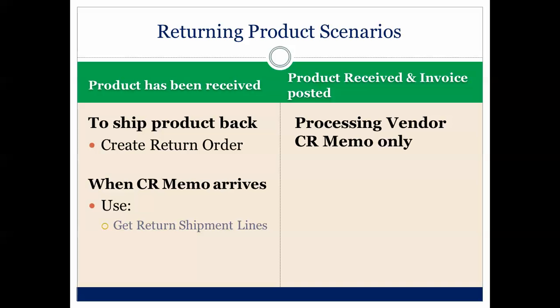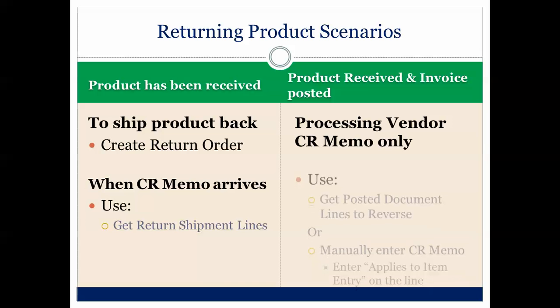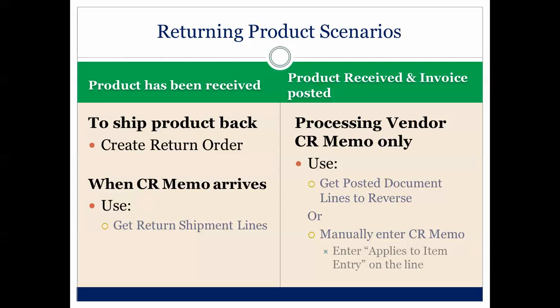Now for product that's been received and invoiced, if we want to do everything together for the vendor credit, like processing the shipment back as well as processing a credit memo to reverse the posted invoice, we're going to use a credit memo's functionality called Get Posted Document Lines to Reverse, or we can manually enter a credit memo, and for that we need to put the Applies-to Item Entry on the line.